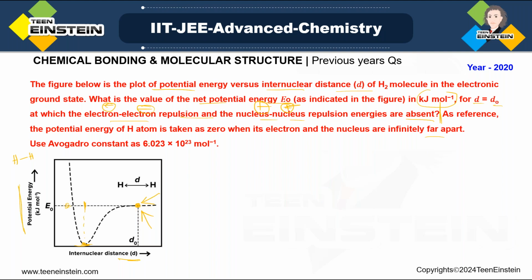And Avogadro constant is there because you have to calculate the energy per mole. So this number you require, right? So here the formula that we will use is the physics formula, and that formula is energy, sorry, not force, it is energy actually.